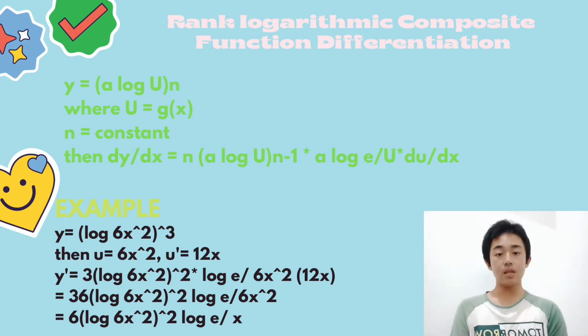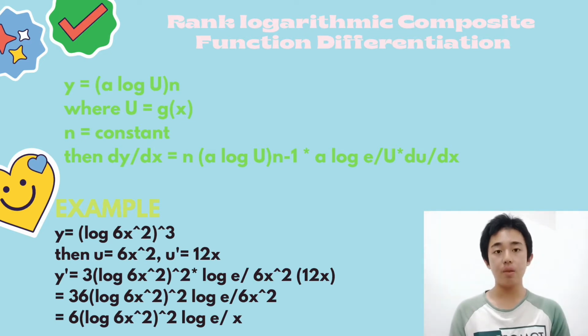Using the formula, dy/dx is 3 times (log 6x squared) squared times log e by u, where u is 6x squared, times 12x. Mixing together, we get 36x times (log 6x squared) squared times log e by 6x squared.